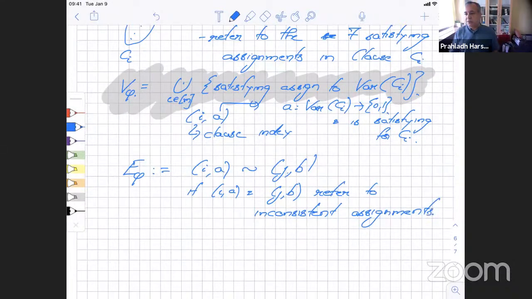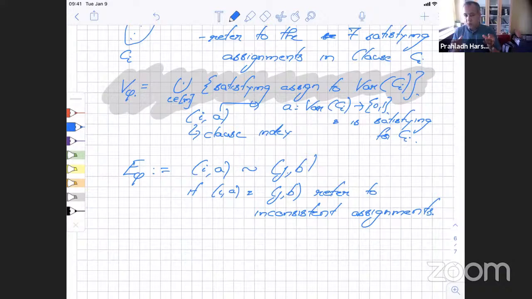What do I mean by inconsistent assignments? A is referring to some variables, B is referring to some other variables. If they have a common variable and in that common variable they set it differently, then I will put an edge. If there are no common variables, they are not inconsistent because there's nothing to compare them.